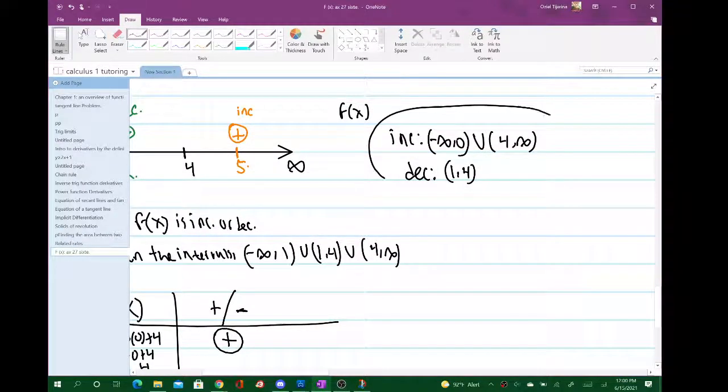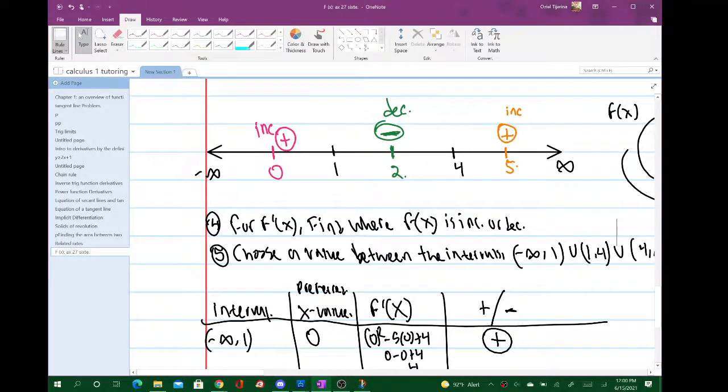Okay, that is how you find the intervals of increase and decrease.